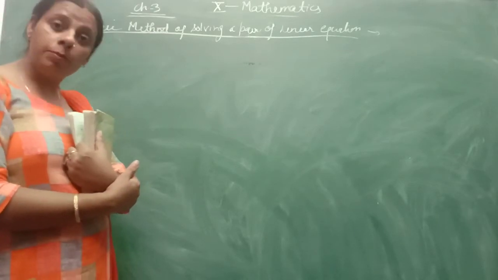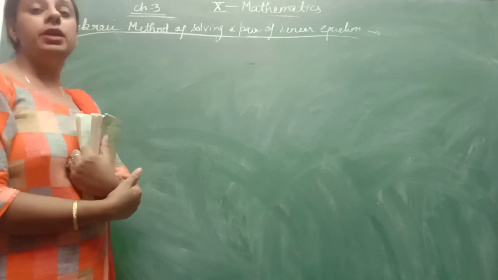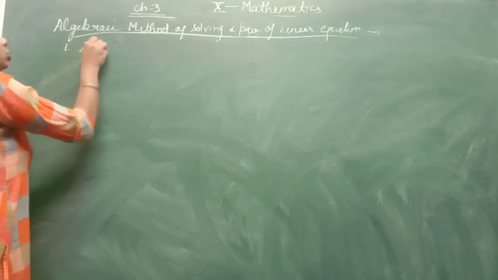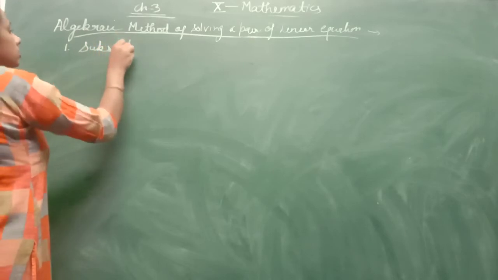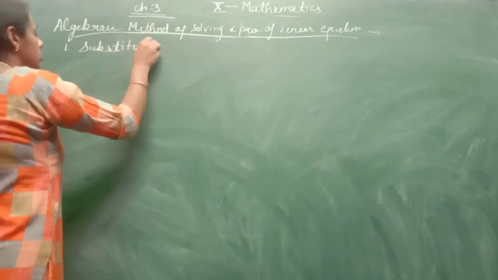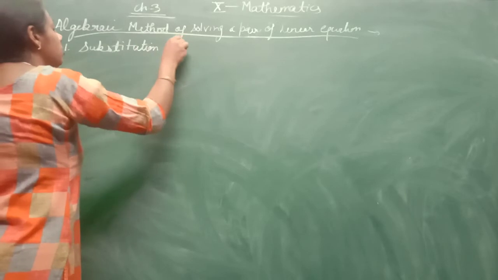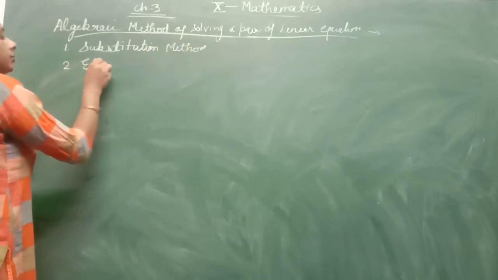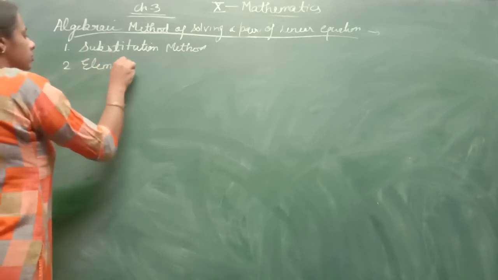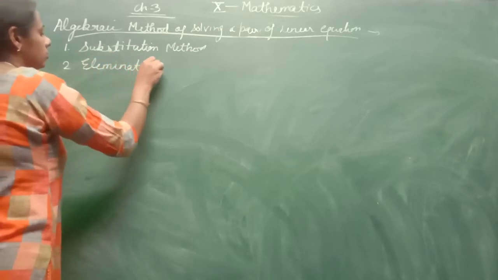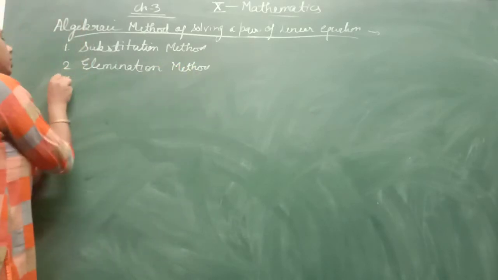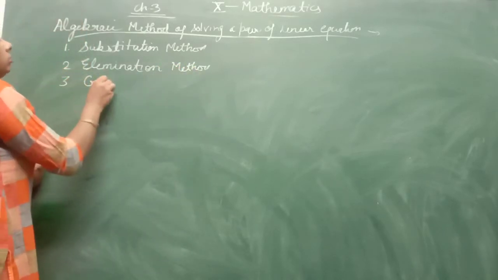How many algebraic methods are there to solve a pair of linear equations? The first method is the substitution method, the second method is the elimination method, and the third is the cross multiplication method.